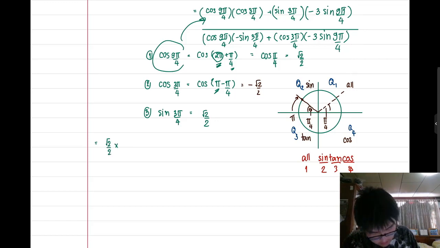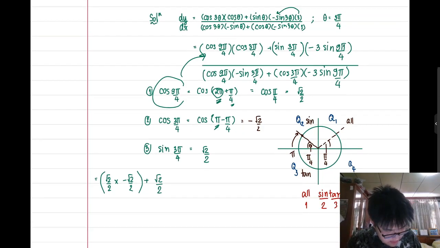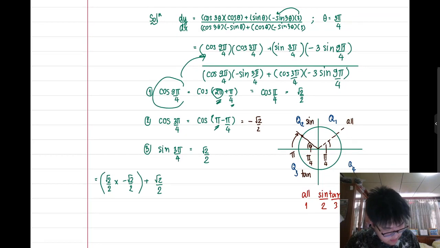Then multiply by cosine of 3 pi over 4, which is negative square root 2 over 2, plus sine of 3 pi over 4, which is square root 2 over 2. And then sine, multiplied by negative 3, and sine of 9 pi over 4.